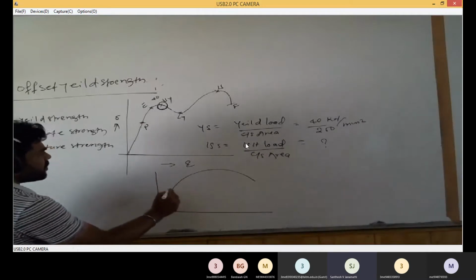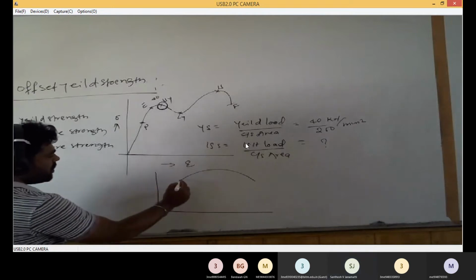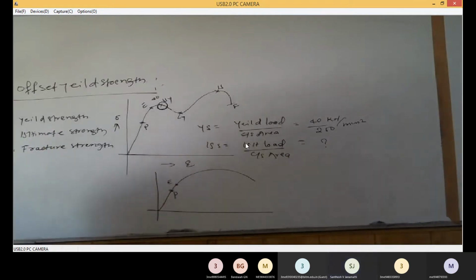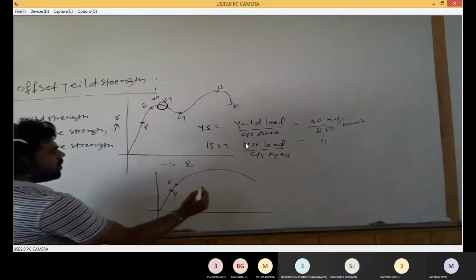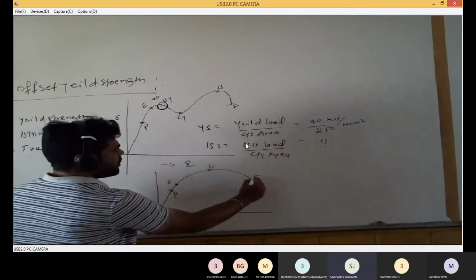Suppose the graph is like this. Up to here I can take P, the proportionality limit. Above that is the elastic limit. Now I can take this as the ultimate. This is the fracture.